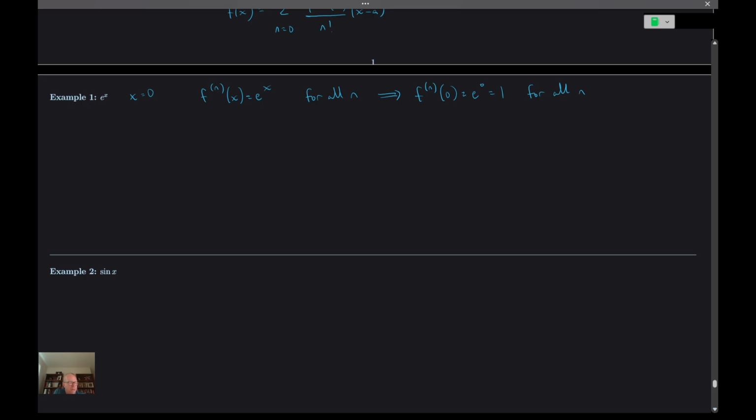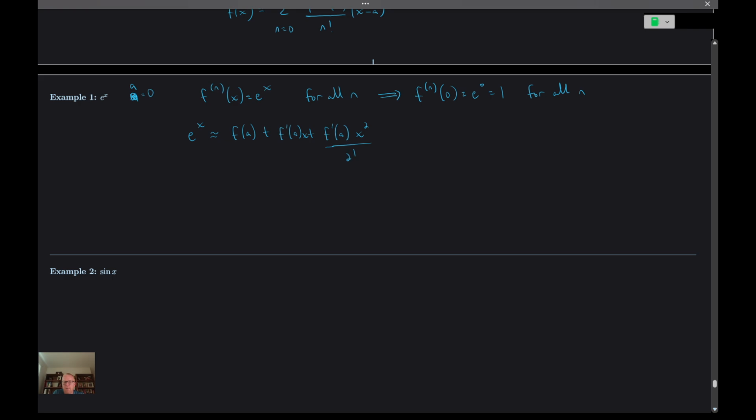So now let's plug in this formula. So e to the x is going to be, we'll write the formula out again: f of a plus f prime of a times x plus f double prime of a times x squared over 2 factorial. Now it's x squared because it's x minus 0, since a is 0.